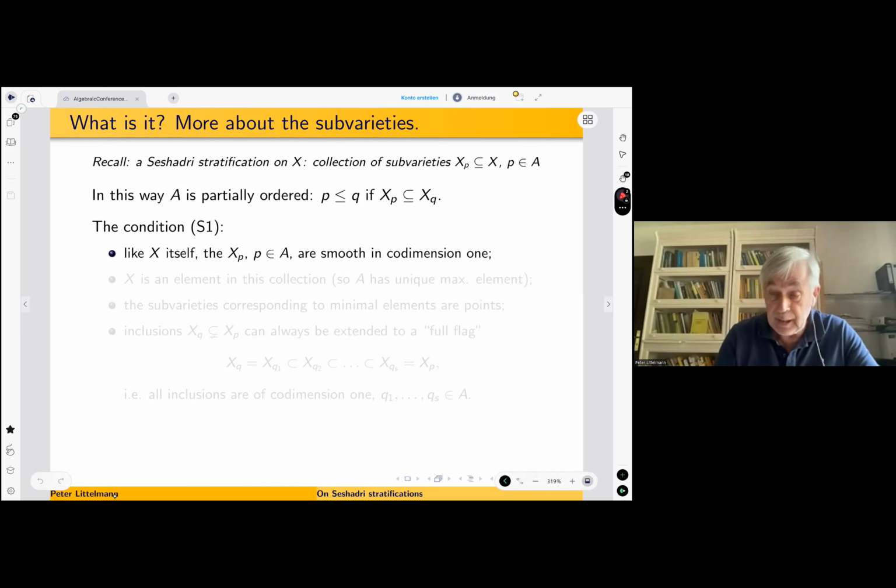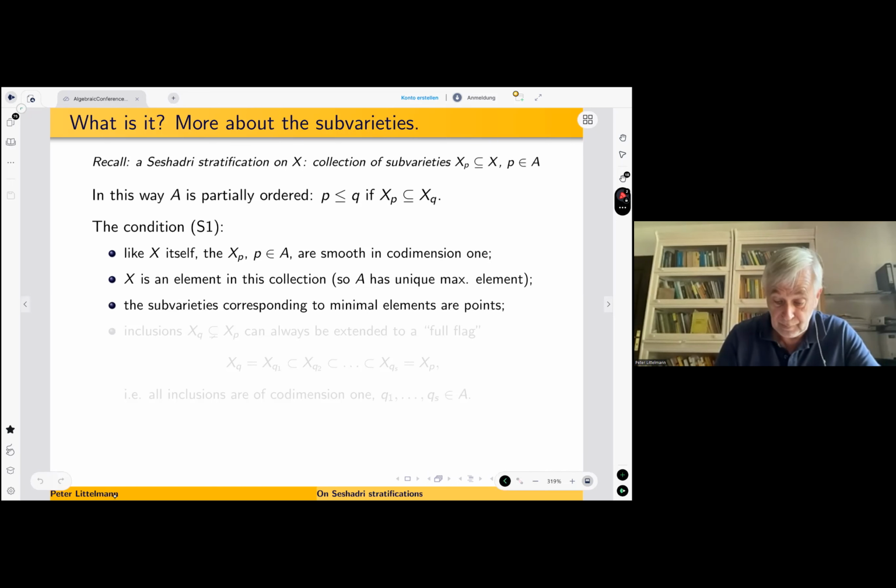So the condition S1 on these subvarieties is, like X itself, I will always assume that these subvarieties are smooth in codimension 1. I always want that X itself is an element in this collection, or another way to say it is that A has a unique maximal element, and the subvariety attached to it is my variety X itself.